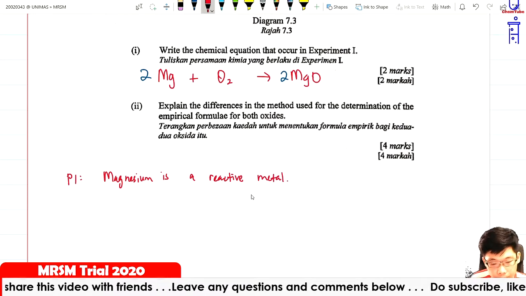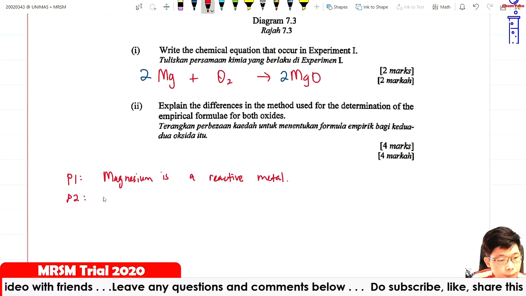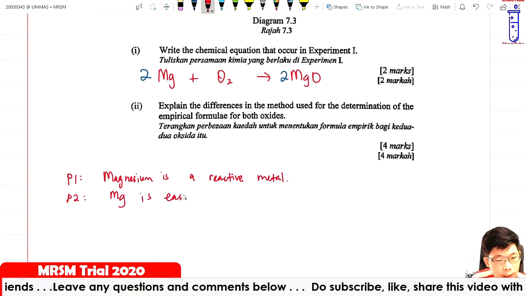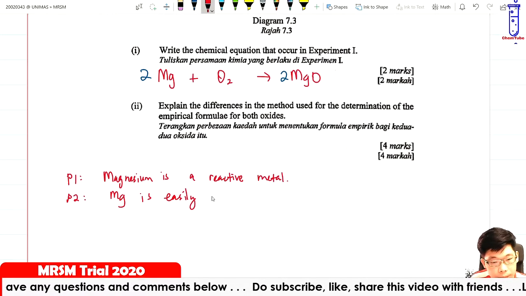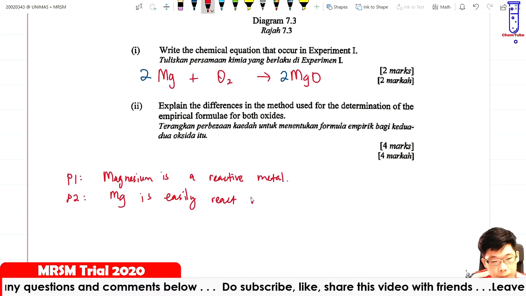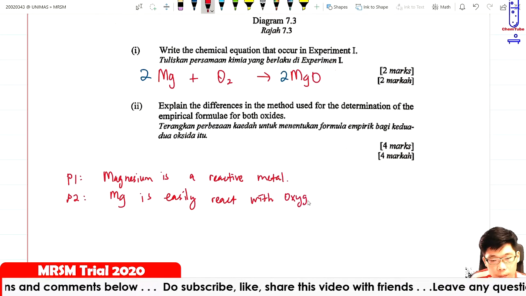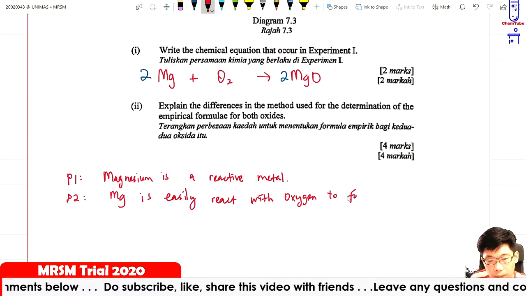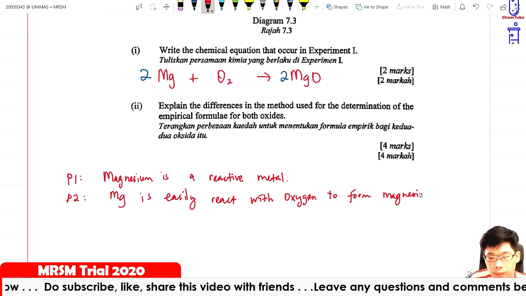Then point number 2, magnesium easily reacts with oxygen to form magnesium oxide.